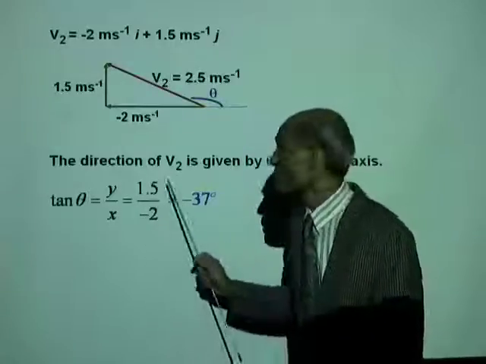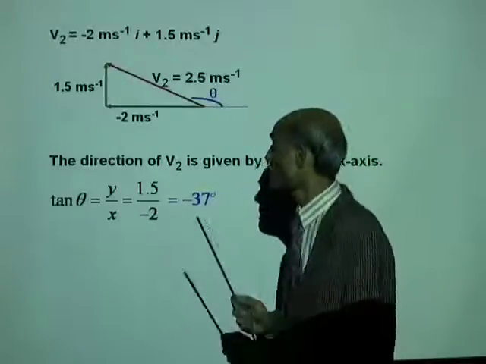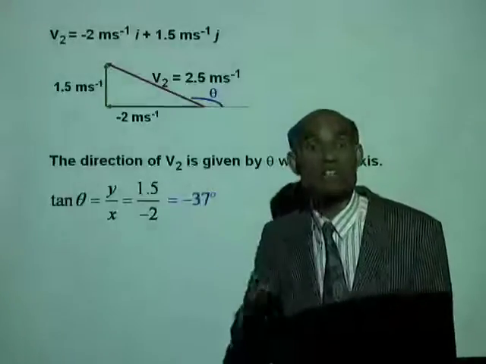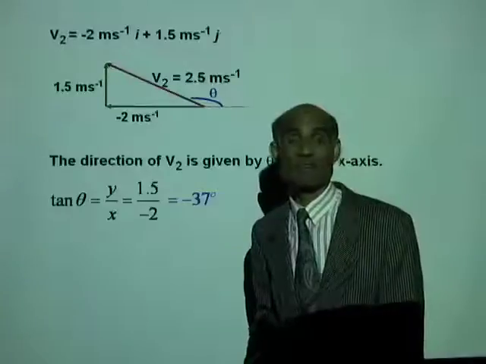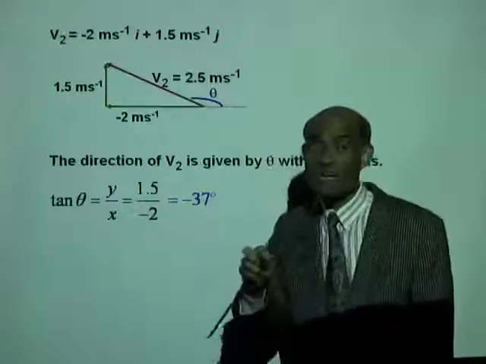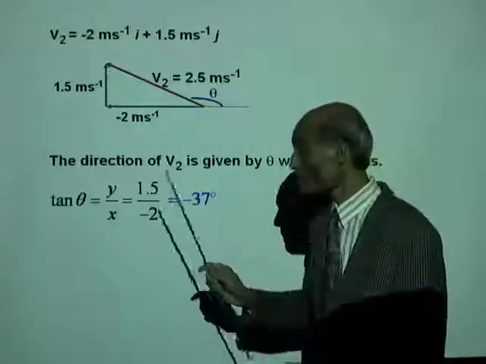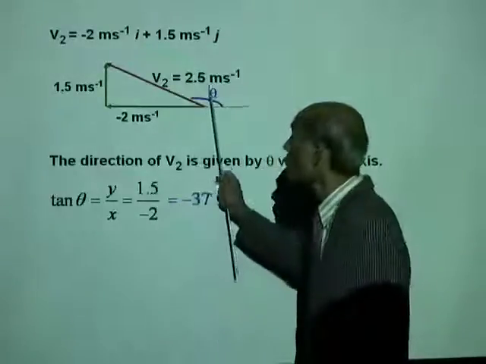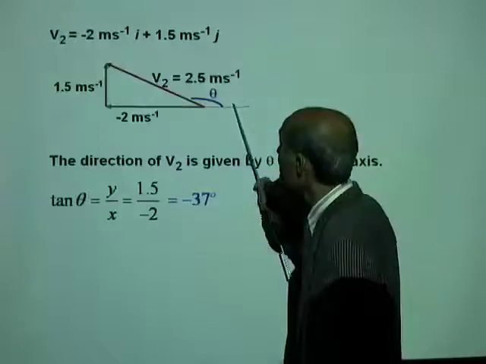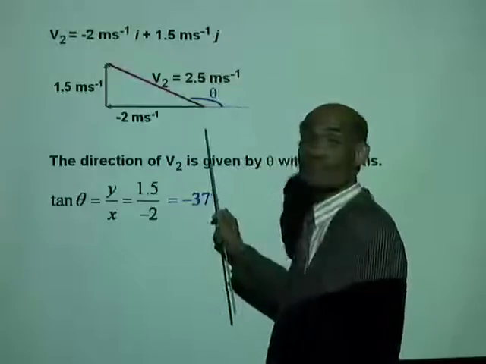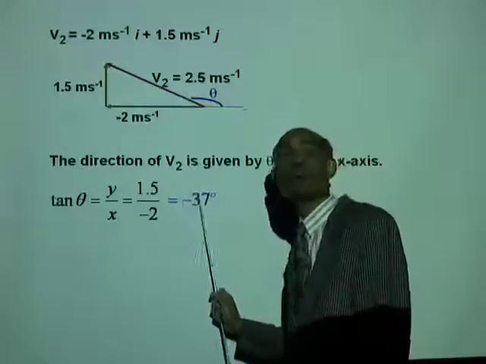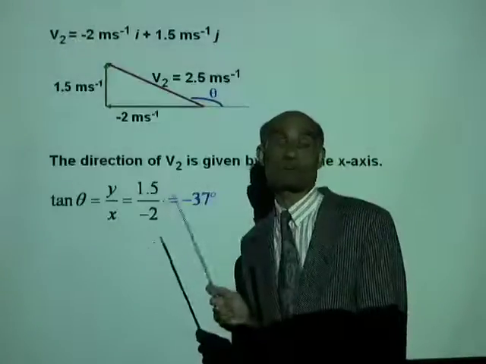Tan inverse of 1.5 divided by -2 will give you -37 degrees. Now, those who understand inverse functions know that tan inverse is defined only in the fourth quadrant and the first quadrant. So the calculator gave you a fourth quadrant angle.